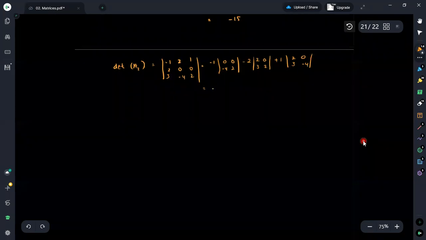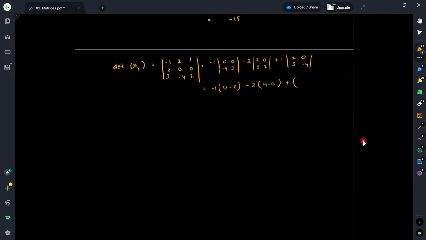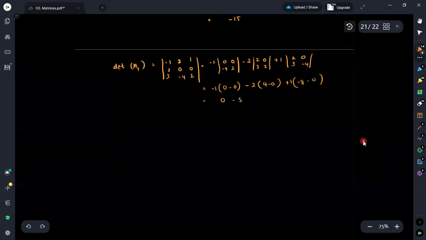This leads to minus 1 times 0 minus 0, minus 2 times 4 minus 0, plus 1 times 2 times minus 4, which is minus 8, minus 0. Then this becomes 0, minus 8, minus 8, which gives the value minus 16.